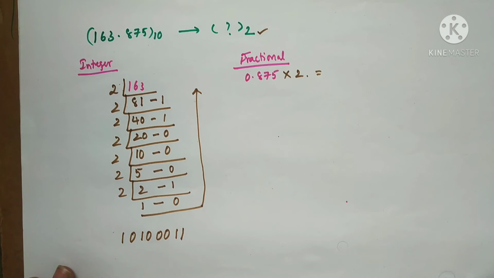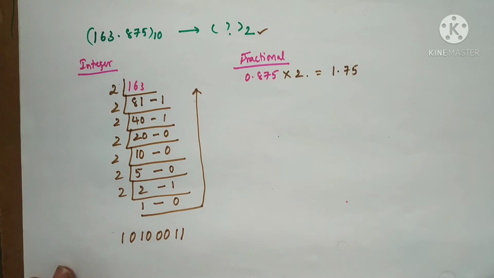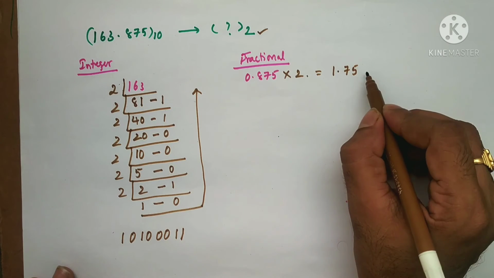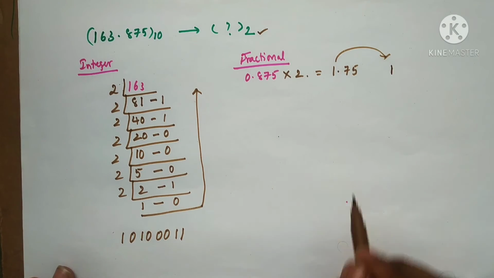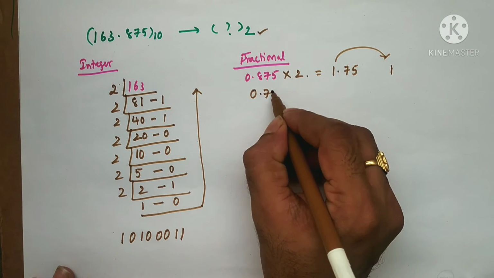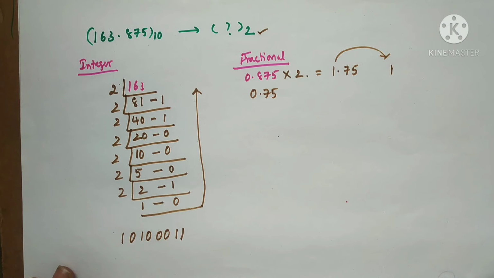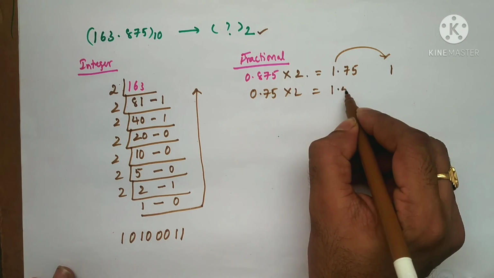Okay. So 0.875 into 2, the value is 1.75. In this answer, the integer part here is 1. If we remove the integer part, what is the value here? 0.75. Okay, so 0.75 into 2, the value is 1.5.